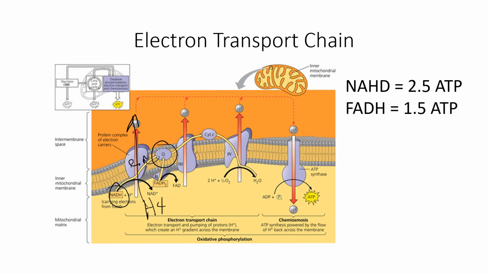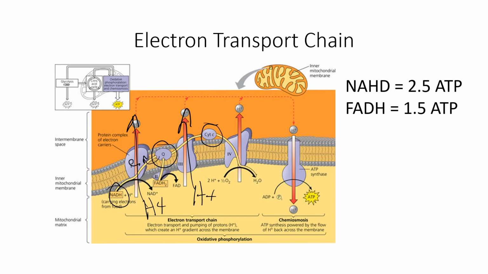When complex 3 is oxidized by cytochrome C, that oxidation reaction results in the release of free energy, like the electrons being removed from complex 3 to cytochrome C, and that results in hydrogen ions being pumped.